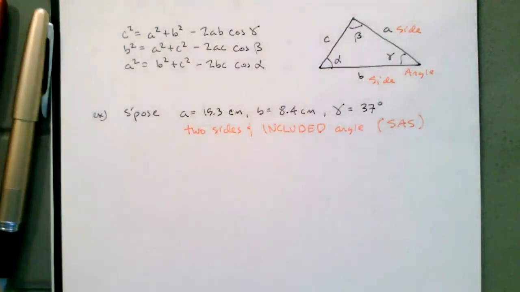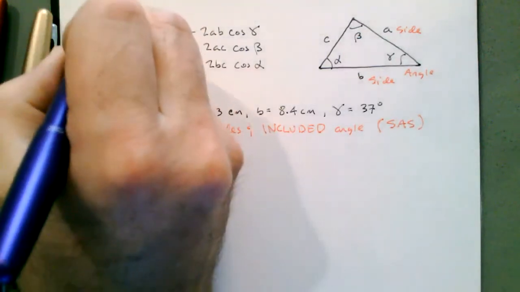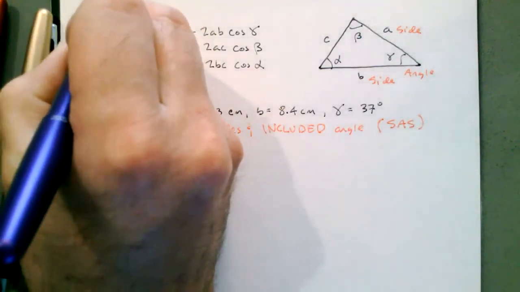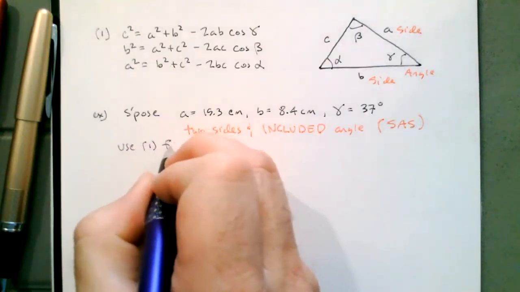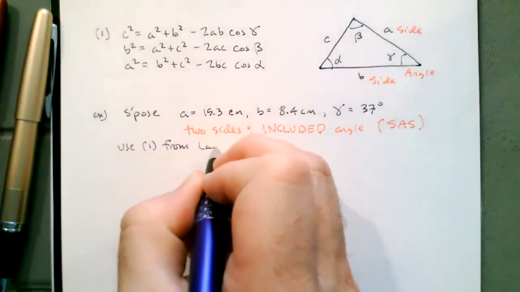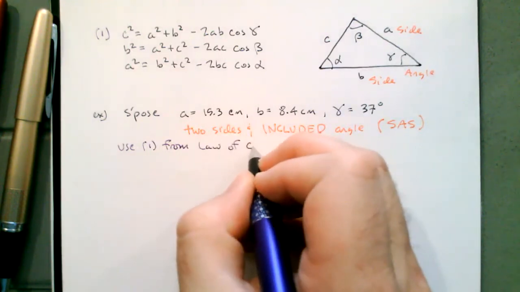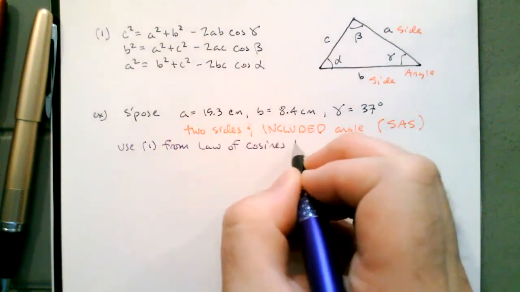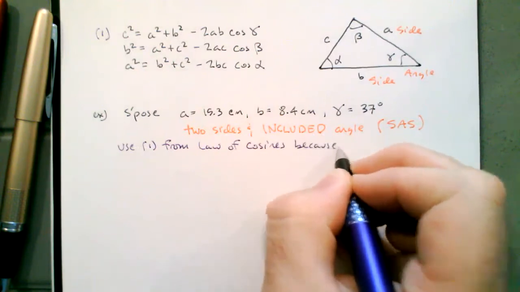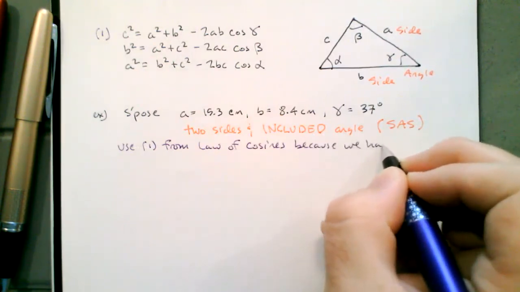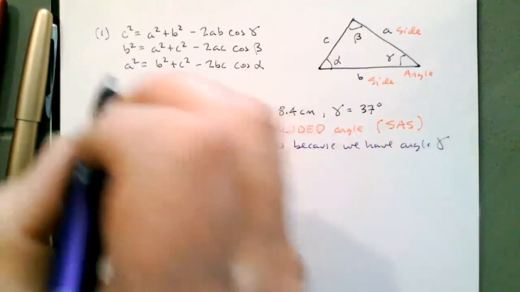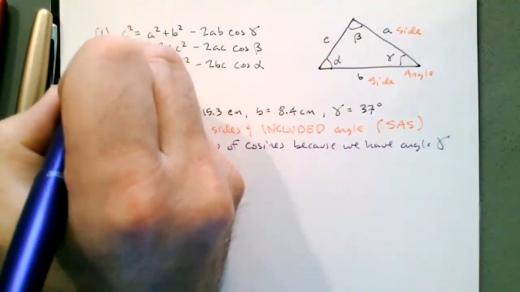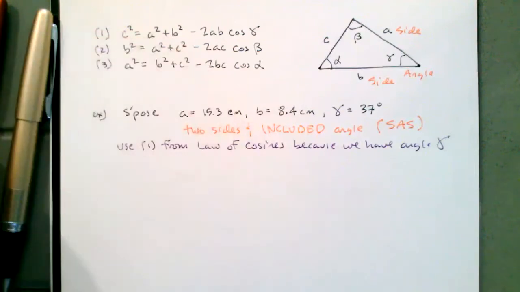So we're going to use the first line from the law of cosines because we have angle gamma.